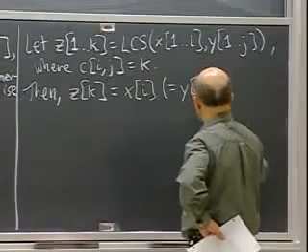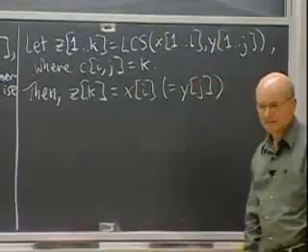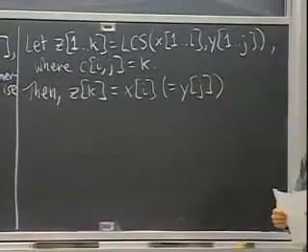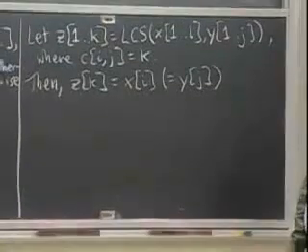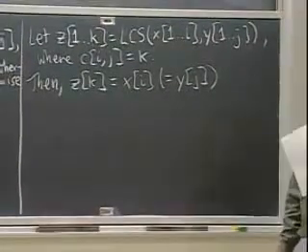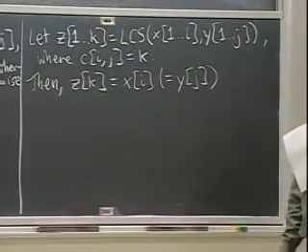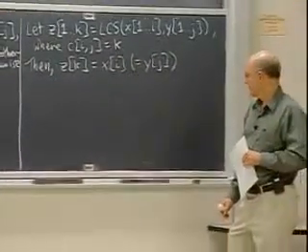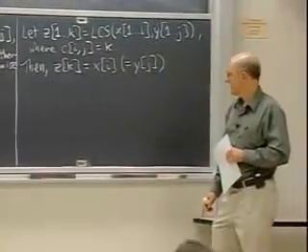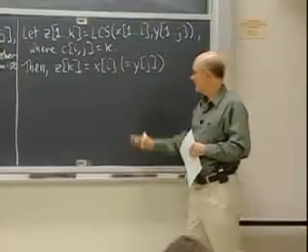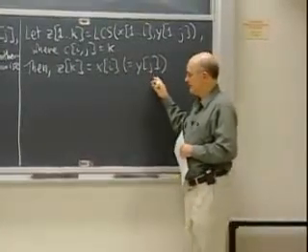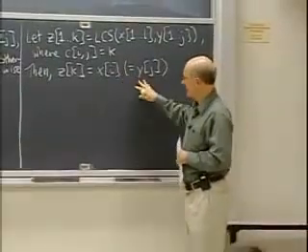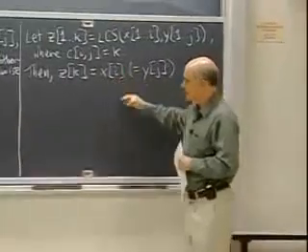Why is that? Why couldn't it be some other value? Because i and j are the last two values that you collect and they're equal. So you got the right idea.